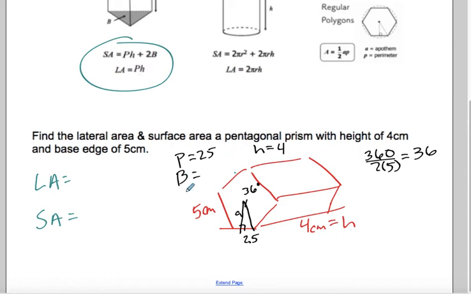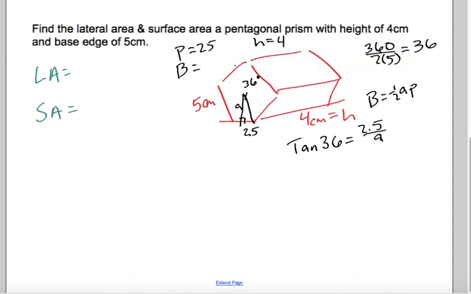So I need to find the area of the base, and I'm going to use the formula 1/2 apothem times perimeter. And I need to calculate the apothem. Using this triangle, I have the opposite and I need the adjacent. So that's O and A, so I will need to use the tangent function. Tangent of 36 is opposite over adjacent. So A tan 36 equals 2.5.